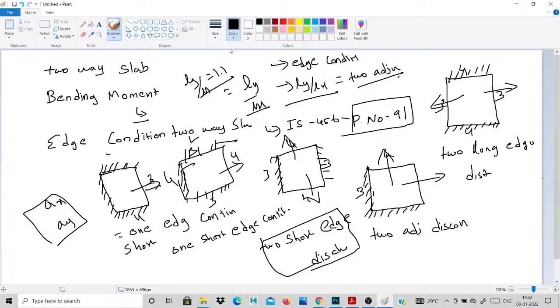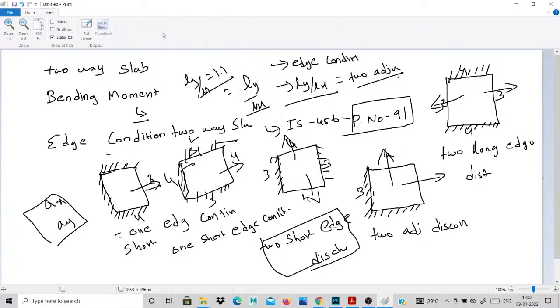The most important thing is the edge condition, and another one is Ly by Lx.